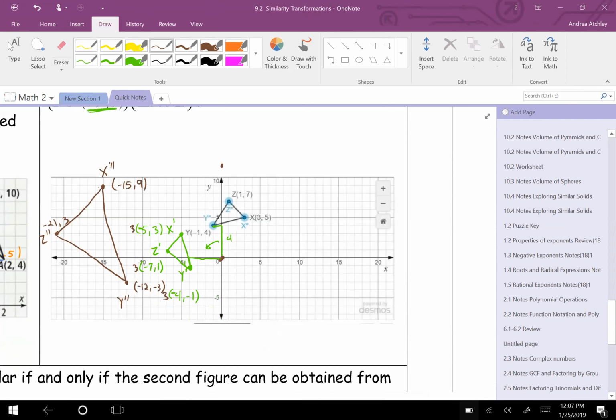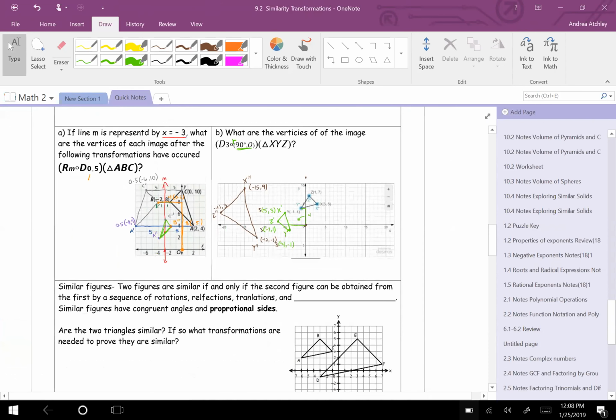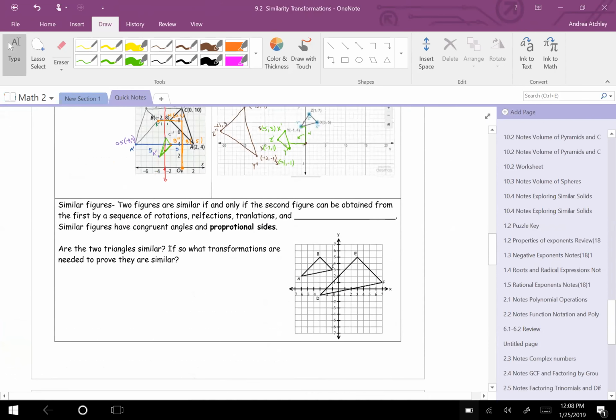How we do? Okay, so let's see how we're doing here. Okay, so let's make sure we know what this is.